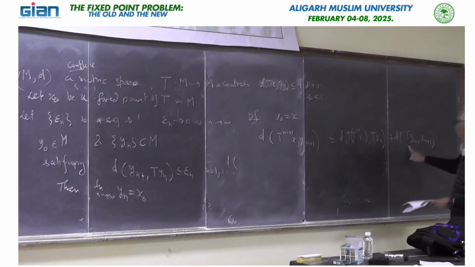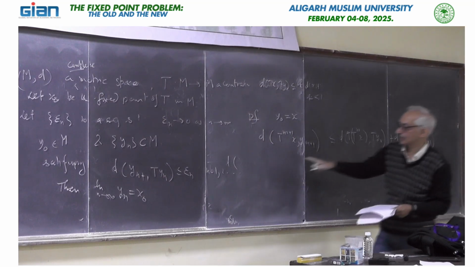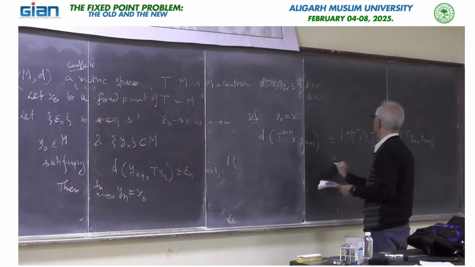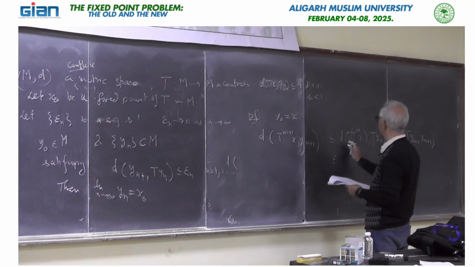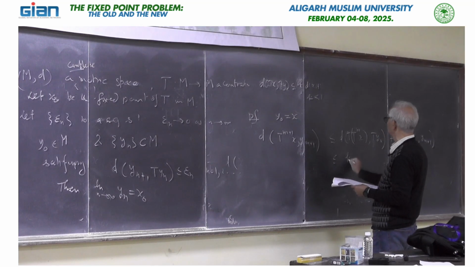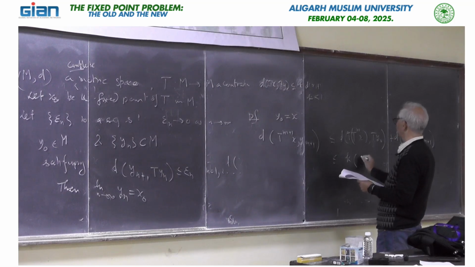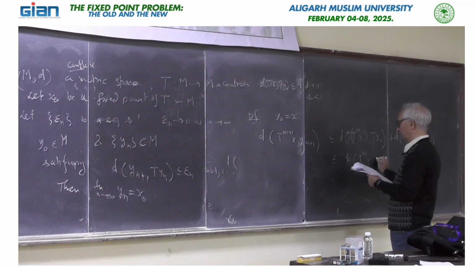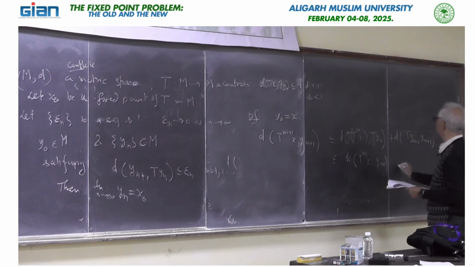Since this is less than epsilon_n by our condition, it is less than or equal to d of, here you can use the contraction, so k times d of T^m x and y_m, plus less than epsilon_m.